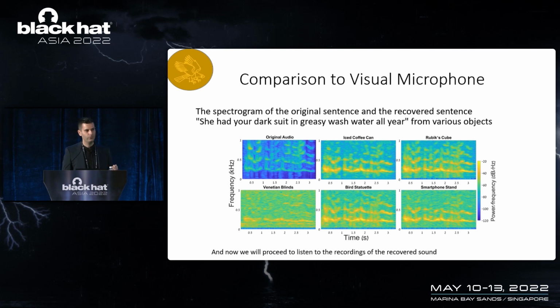However, I want to prove to you that the signals recovered by the Little Seal Bug attack are of very good quality, so you'll be able to hear them. So I'm about to play the signals for you. Bear in mind that at the beginning you will hear the original signal, and afterwards you will hear the recoveries from various devices.